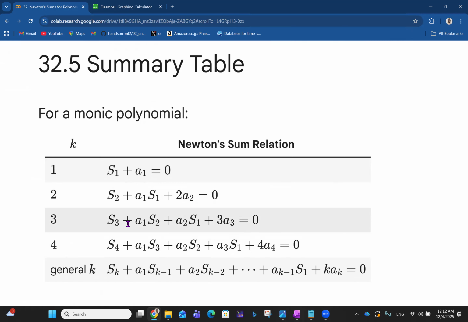For k is 3, it's S3 plus A1 S2 plus A2 S1 plus 3A3 equals 0. For 4, you have 5 terms: S4 plus A1 S3 plus A2 S2 plus A3 S1 plus 4A4 equals 0. So for general k, you have Sk plus A1 S(k minus 1) plus A2 S(k minus 2) plus all that up to A(k minus 1) S1 plus kAk, and that is equal to 0.